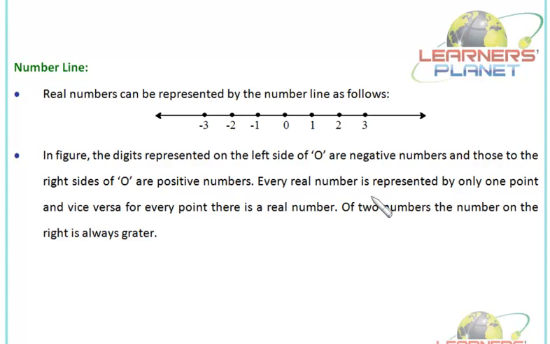Also, every real number is represented by only one point, and for every point there is a real number. Of two numbers, the number on the right hand side is always greater. So I hope you are clear about the real numbers.